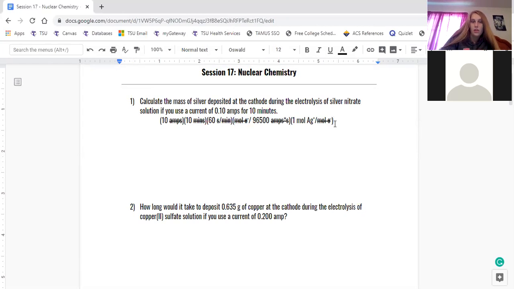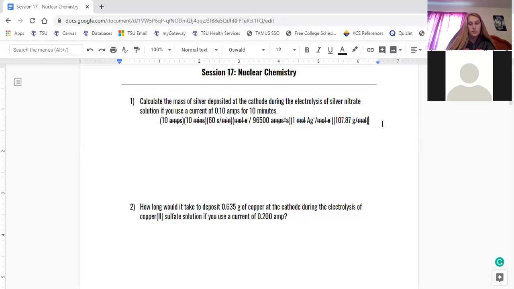Okay, so now we're in moles, but it asks for grams because that's for mass. So we're going to multiply by the molar mass, which is 107.87 grams per mole of silver. So we can get rid of that, and that cancels out.